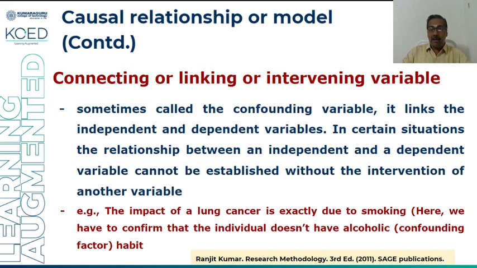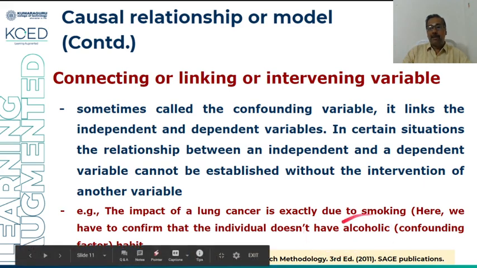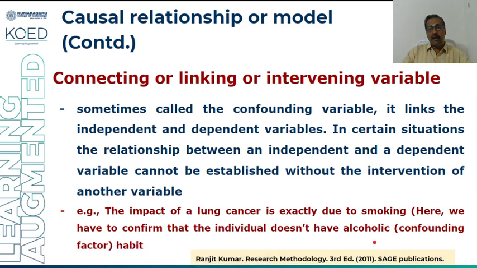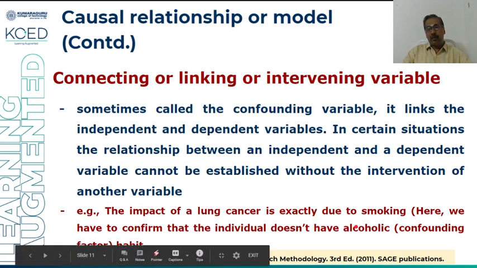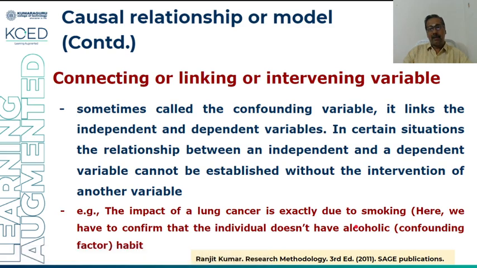But in the experimental setup, I would have totally missed this angle. I would not have asked any question related to alcoholism. So I would have focused only on smoking, thinking that smoking is the real and main cause for lung cancer.